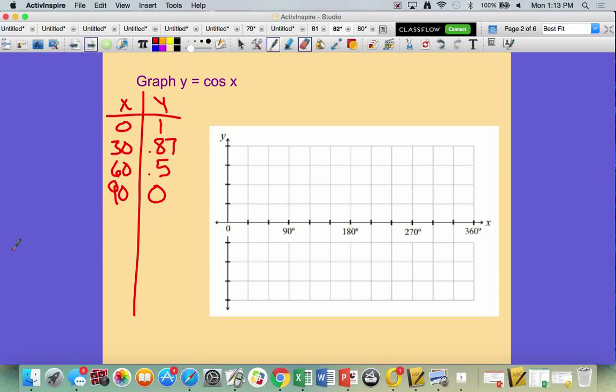And it is the exact same pattern. Right, 90 is 0. 120, well, we came down from the positive down to 0, so then we're going to go negative. And we just keep going with this. And you could do this for every single point on the graph. So we've got 0, 1, 30, 0.87, 60, 90, 120.